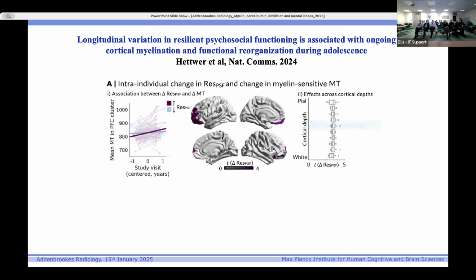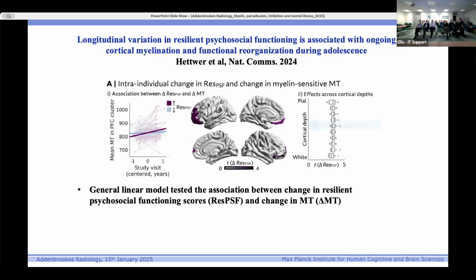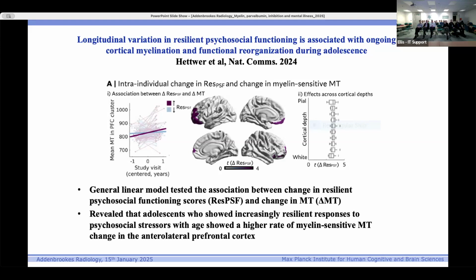And they find a similar set of areas in the prefrontal cortex which myelinate more in these resilient subjects than in the non-resilient subjects. Adolescents who showed increasingly resilient response to psychosocial stressors showed a higher rate of myelin-sensitive MT change in the anterolateral prefrontal cortex.